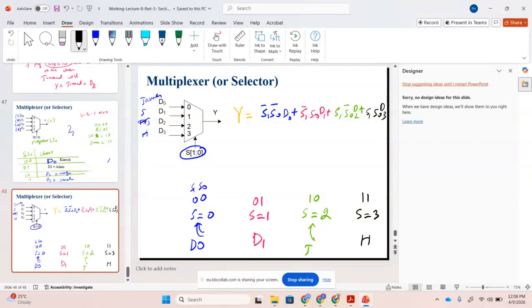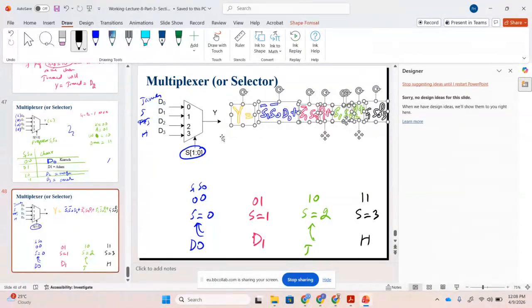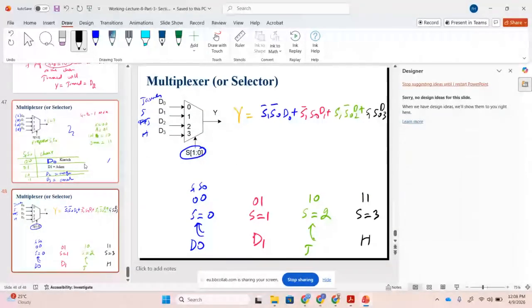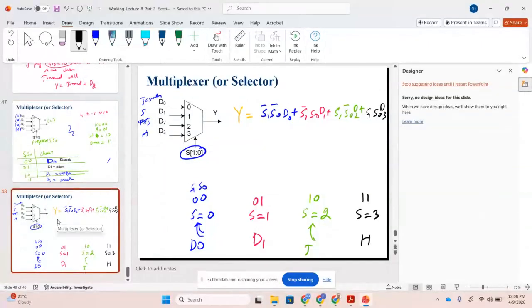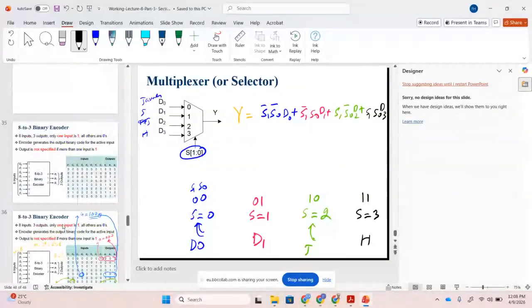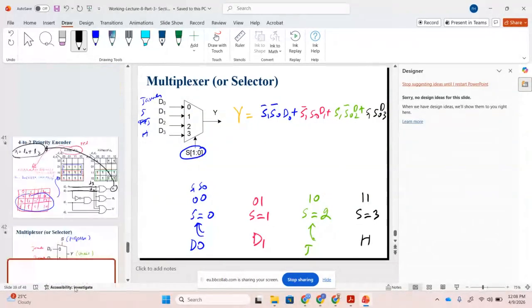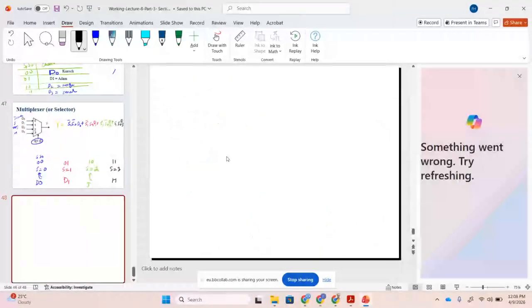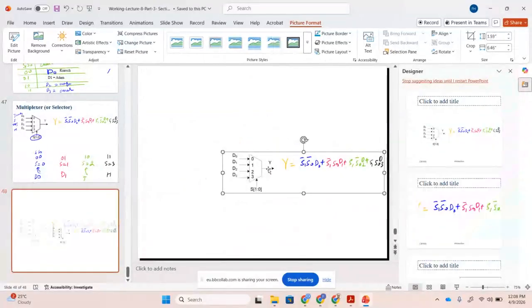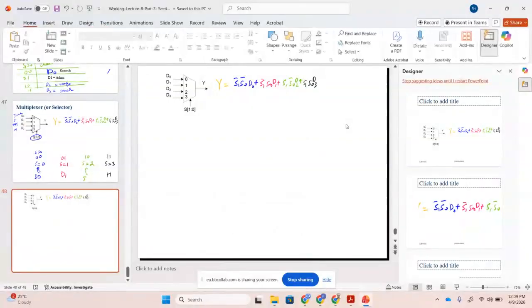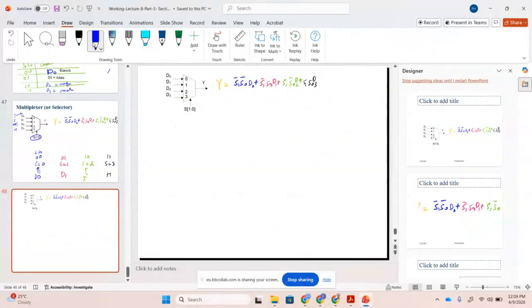Okay. Now if you transform this, this is now my final expression. The expression will be very simple.